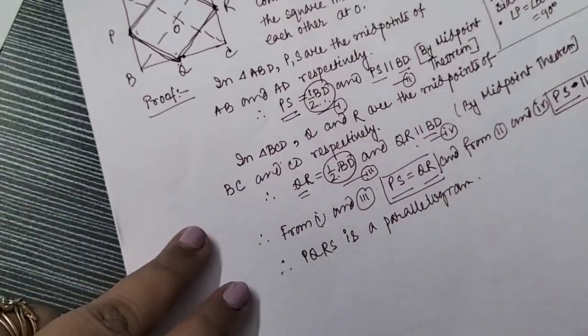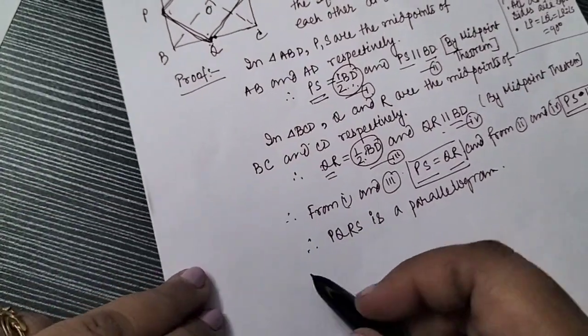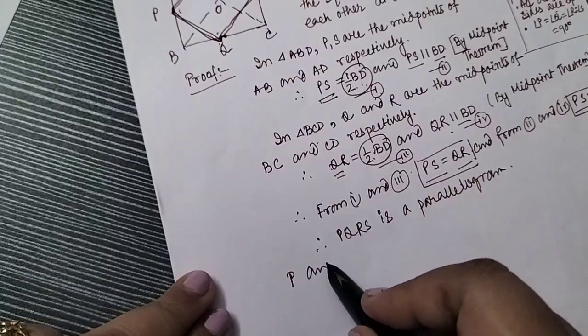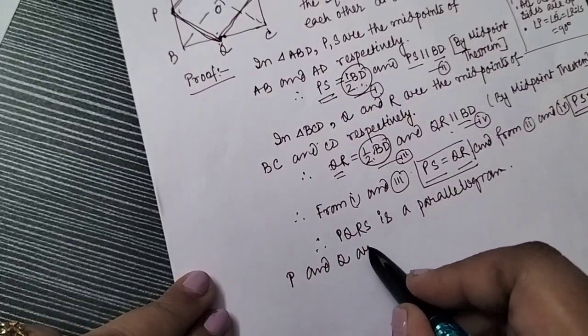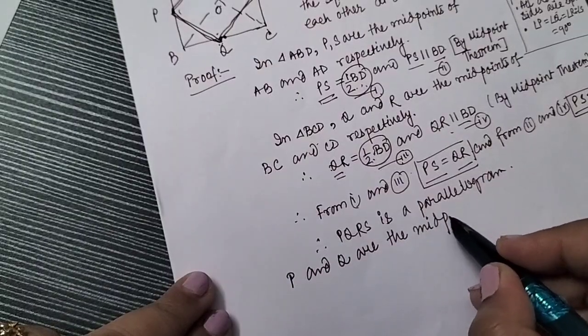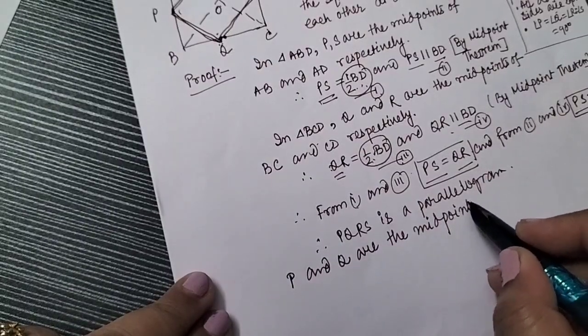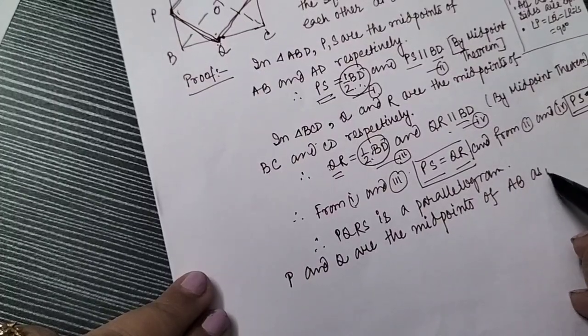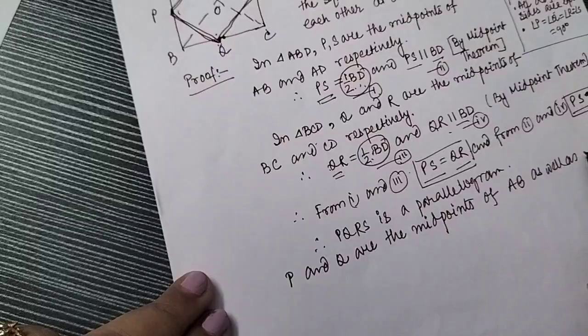Here we get that P and Q are the midpoints of AB as well as BC.